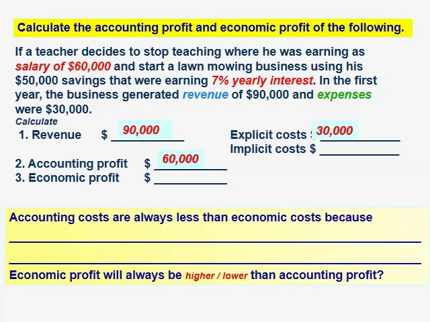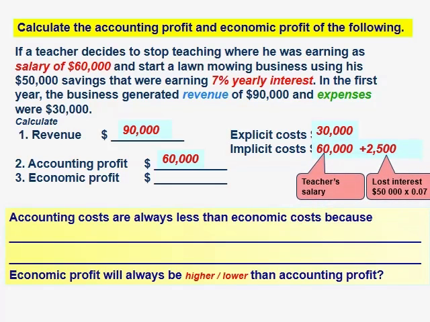The economist, though, wants to look at these implicit costs, the costs that are very real but ignored by the accounting process. And we have identified them as the salary he got as a teacher, as well as the interest he would have got if he left the money in the bank. So in effect, his total opportunity cost is $62,500.